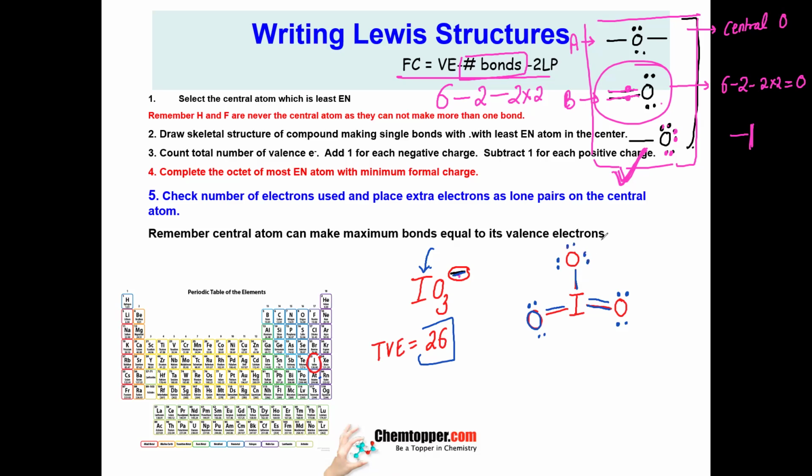And this is the one with minus 1. Now check how many are used. See, you were ensuring 8 on every oxygen. This is 8. This is 8. This is 8. How many are used, children?